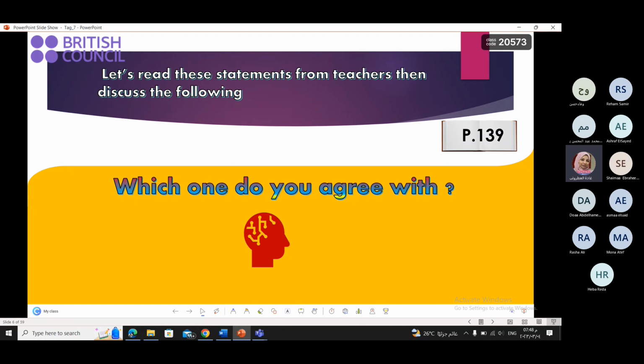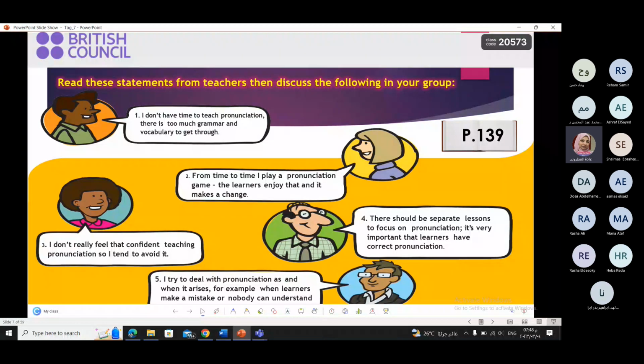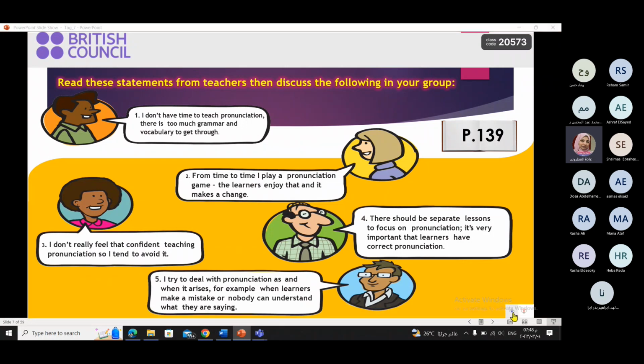So in your book, again on page 139, you have some statements said by different teachers, teachers like us. We want to read these statements and see if they are correct or not. Do you agree with them or not? Do you think the same way or not? Right? So let's go through them just for 1 minute and tell me.